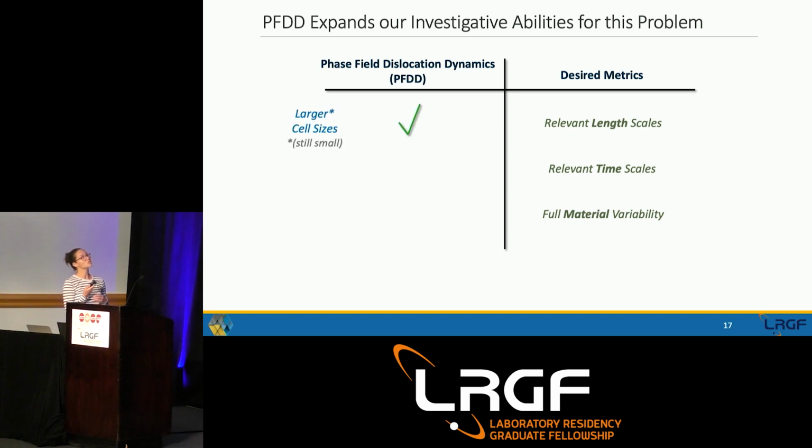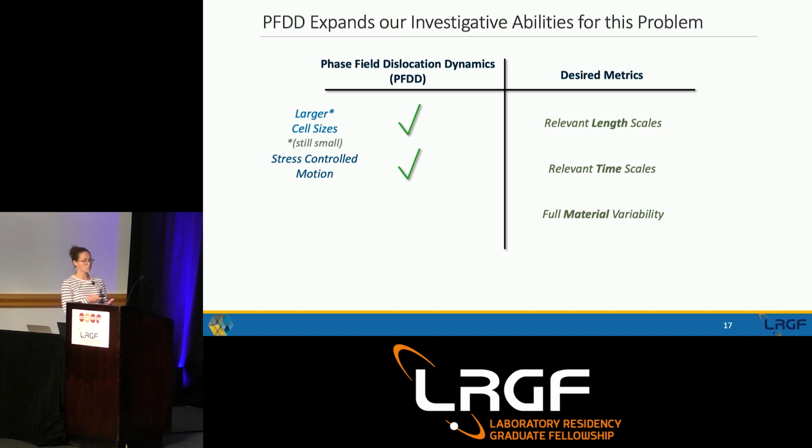So PFDD is useful because it gets us to larger cell sizes. Of course, this is a nanoscale problem, so it's still very small, but we can expand the parameter space for our investigation. We can also remove this shock loading problem that we were having before that complicates understanding the fundamentals, because this is now a stress controlled motion where we apply an external stress and we evolve our energies to equilibrium.